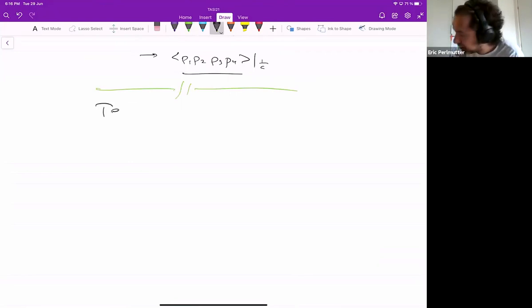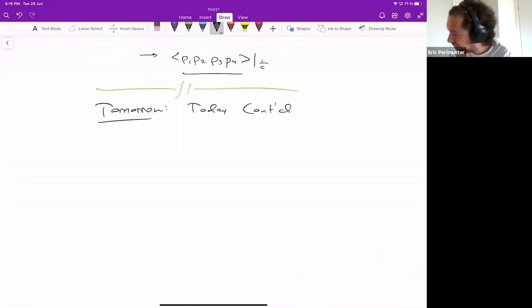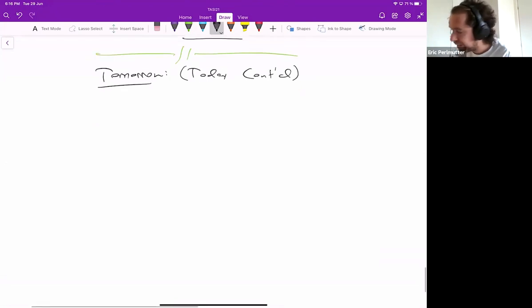So tomorrow we'll continue this. Perhaps I'll add some remarks that I was thinking about adding today. But we'll talk more about the space of holographic CFTs.